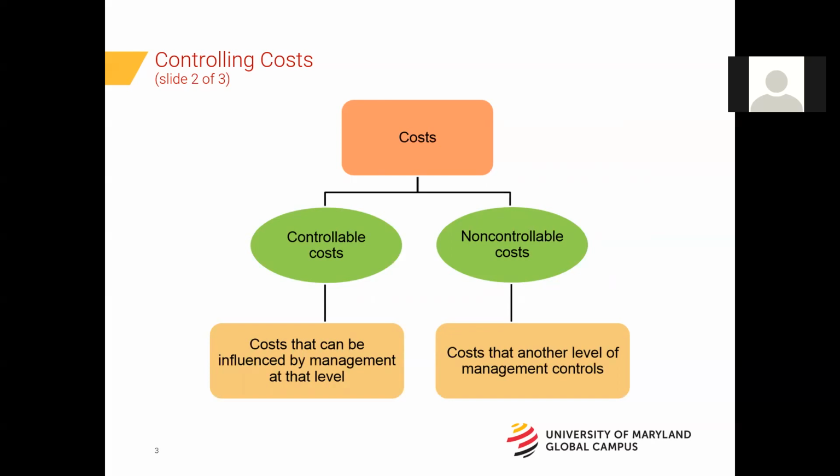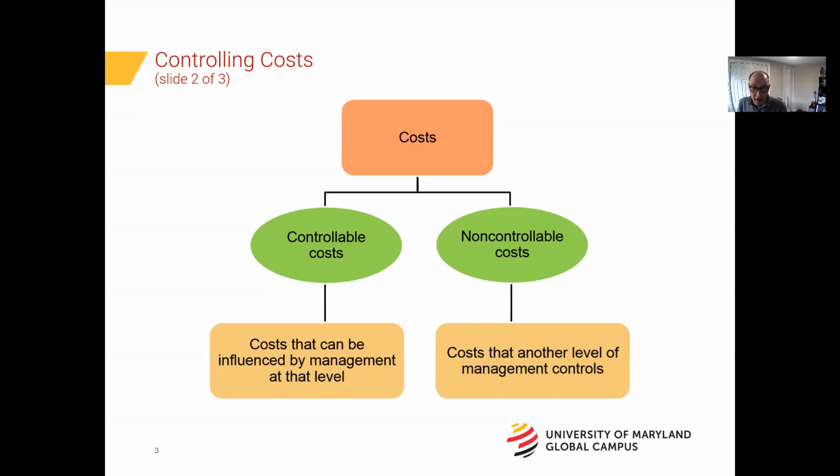And I can make decisions based off of the control of those costs. For example, I can decide to produce additional units of output based off of the direct labor, direct materials. I can make decisions to produce more or produce less. Makes perfect sense, right? I can control those costs.